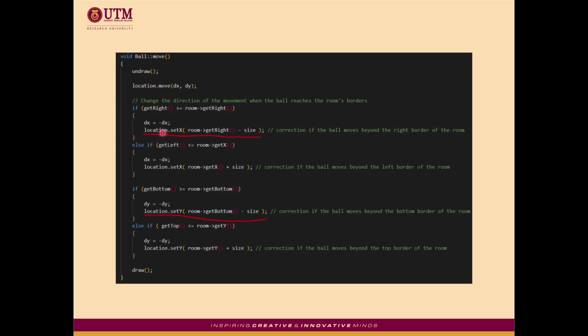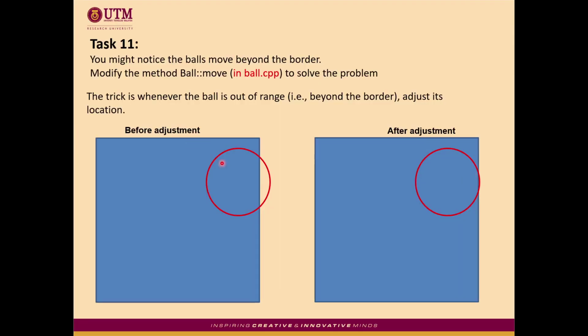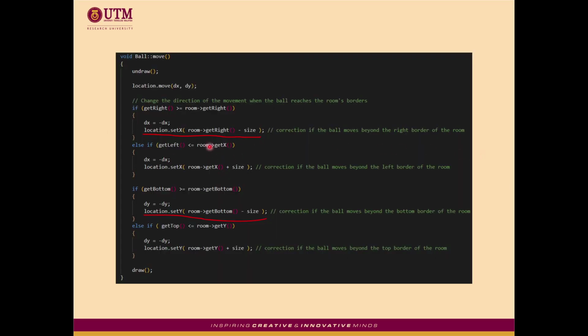The way we did the correction is that if the current condition of the ball is that it is beyond the wall, you need to adjust the location of the ball such that it will look something like this. So this is the trick for how we overcome the problem we had just now. This is what the code implies.